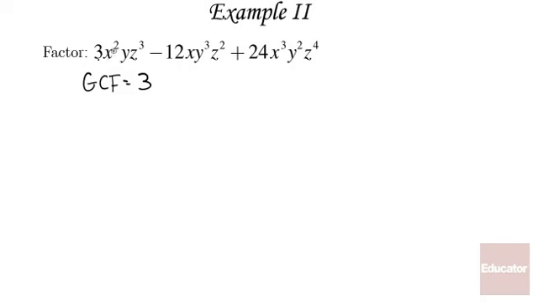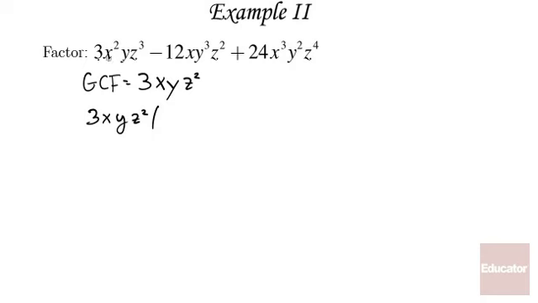For x's, I have x squared, I have an x here, and an x cubed. So they all have at least an x. For y, there's one y here, there's y cubed here, and there's y squared here. For z, I have z cubed, z squared, and z to the 4th. So they all have at least z squared. So the greatest common factor is 3xyz squared. So I'm going to pull that out and see what's left behind.